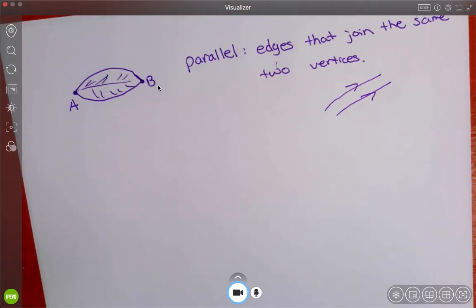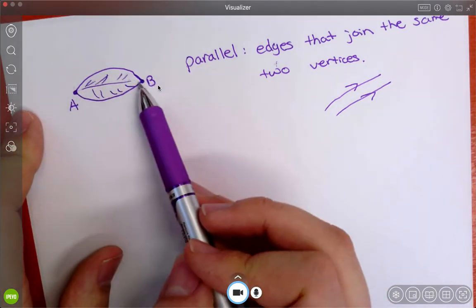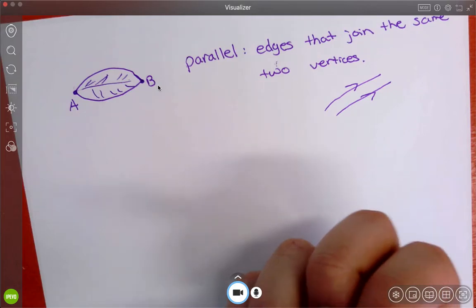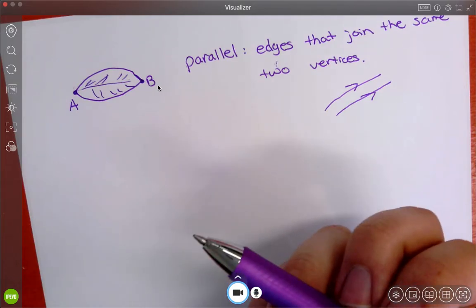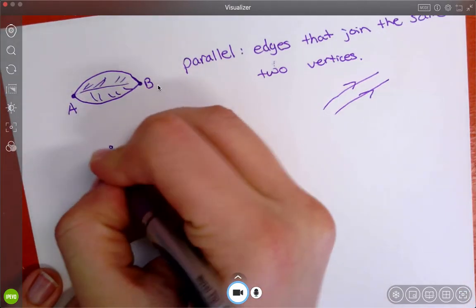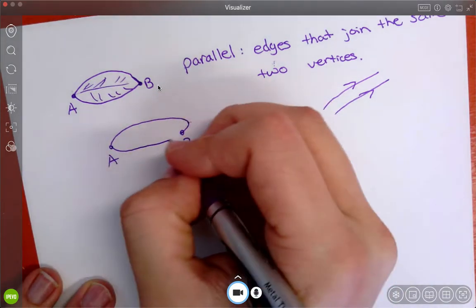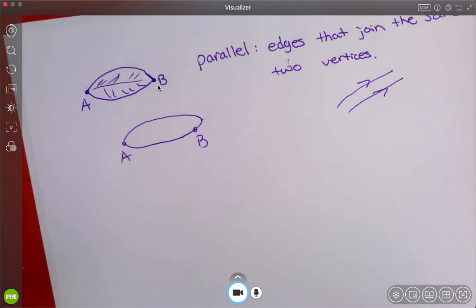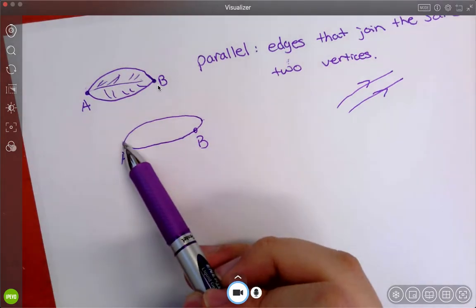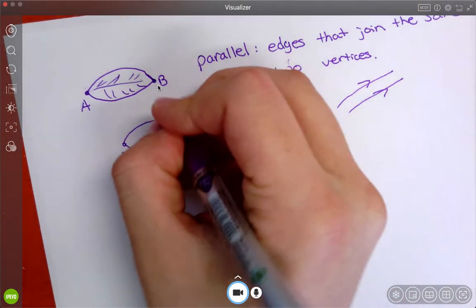So I want you to feel the problem if I had to label these edges. What would I call the top edge, this line here? What would I label it as? So here, let me redraw this. Okay, A and B, and I have this, and I have this. What would my top line be? What would I call this line to this point? I would call it AB, right?